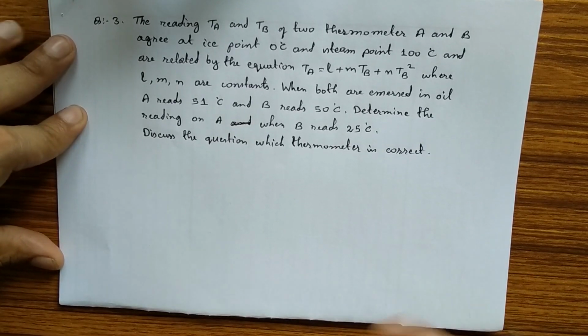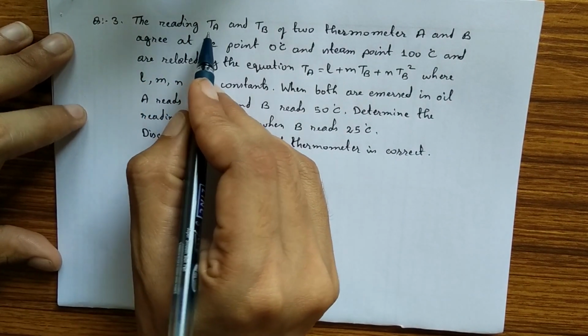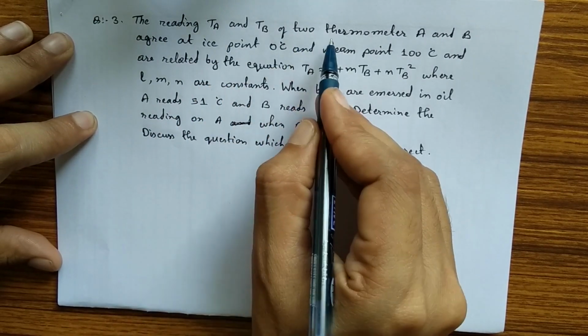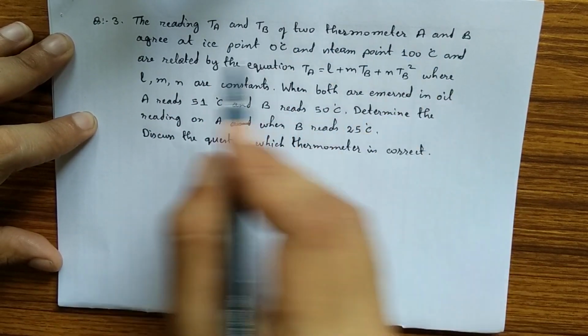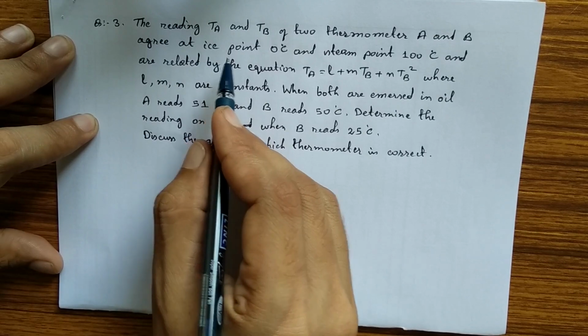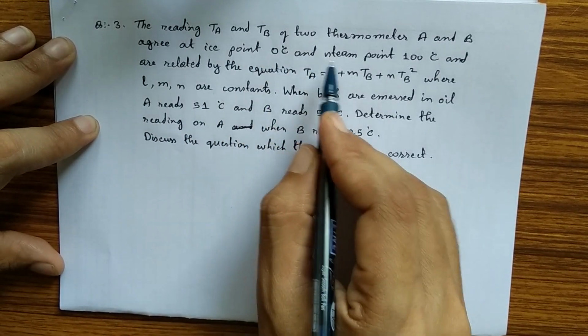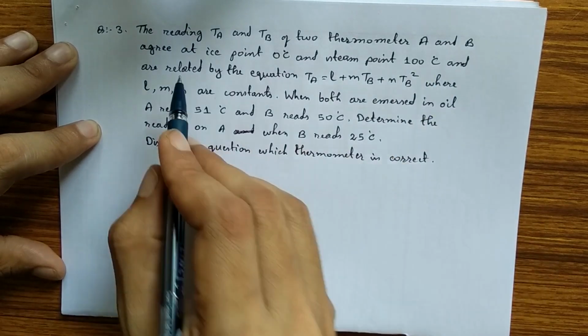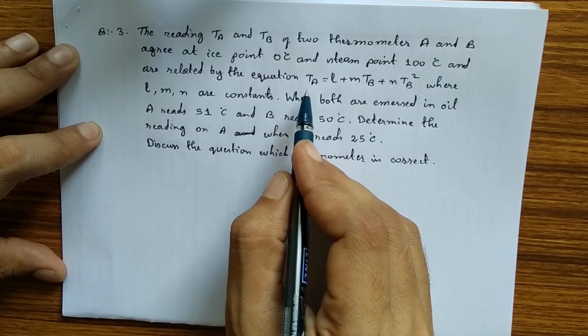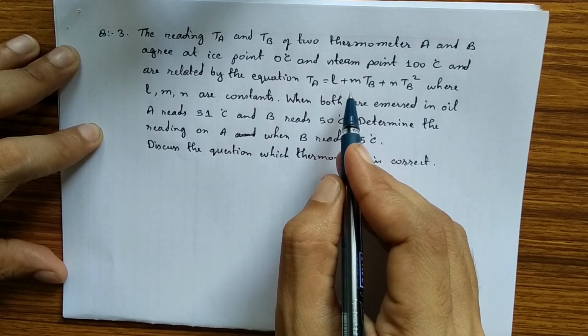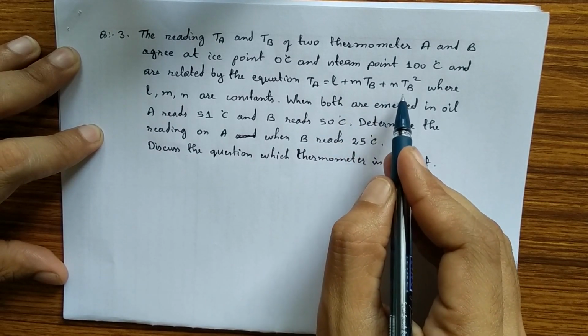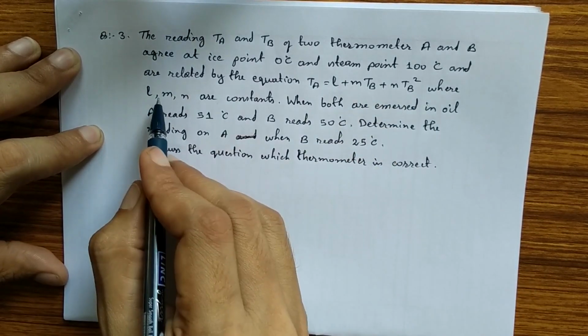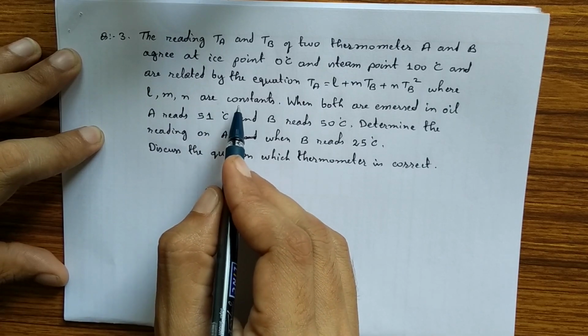The question is, the readings TA and TB of two thermometers A and B agree at ice point 0 degree centigrade and steam point 100 degree centigrade and are related by the equation TA equal to L plus m TB plus n TB square, where L, M, N are constants.